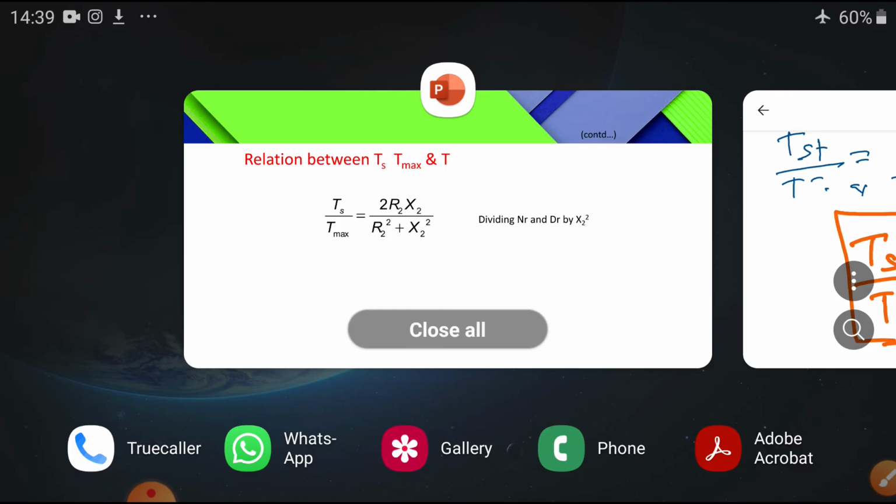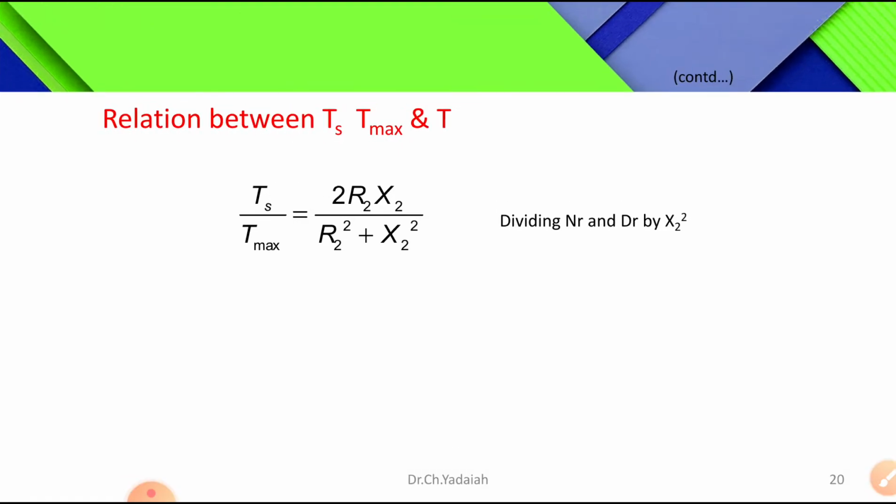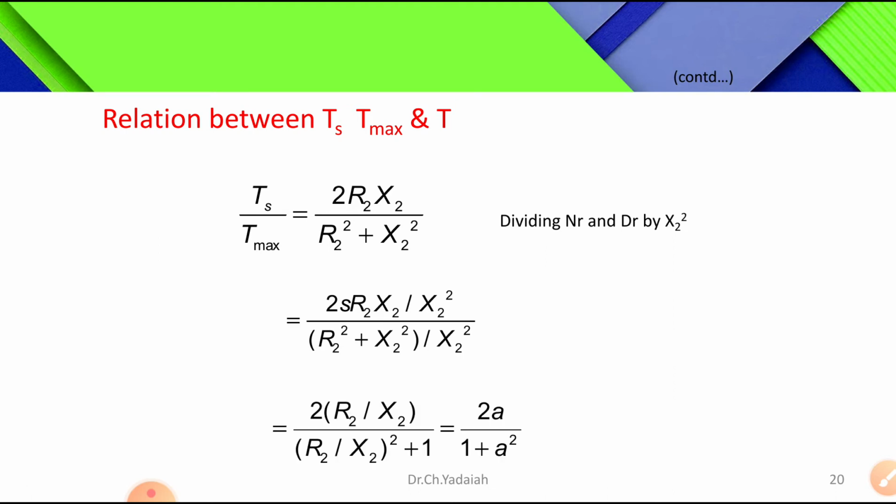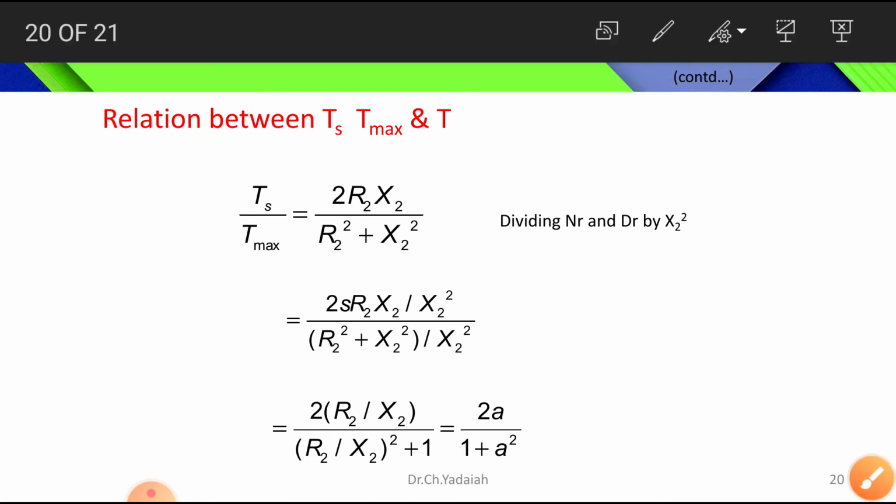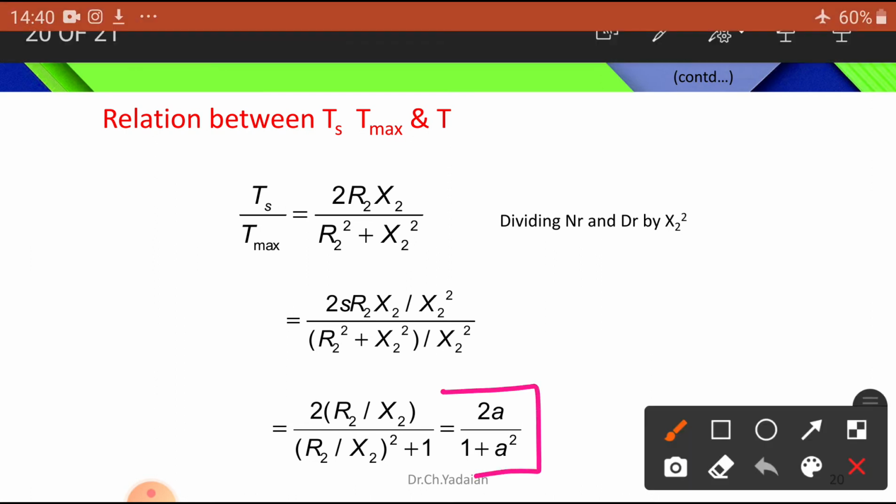Now you can see it in the PPT. Here, the relation between the starting torque and T max: divide numerator and denominator by this term, and finally we got this equation.